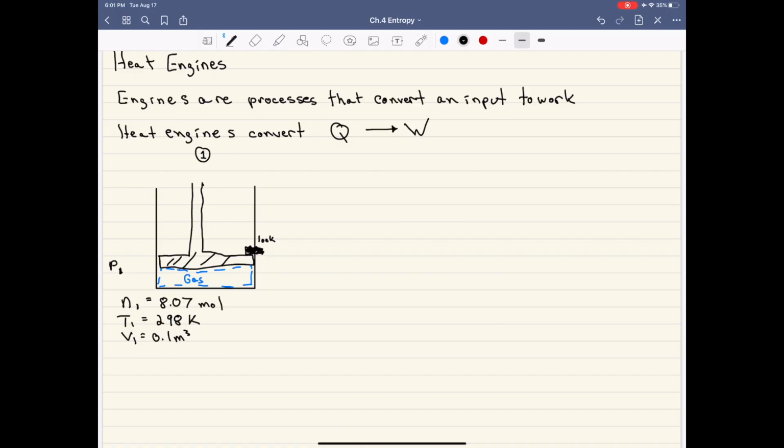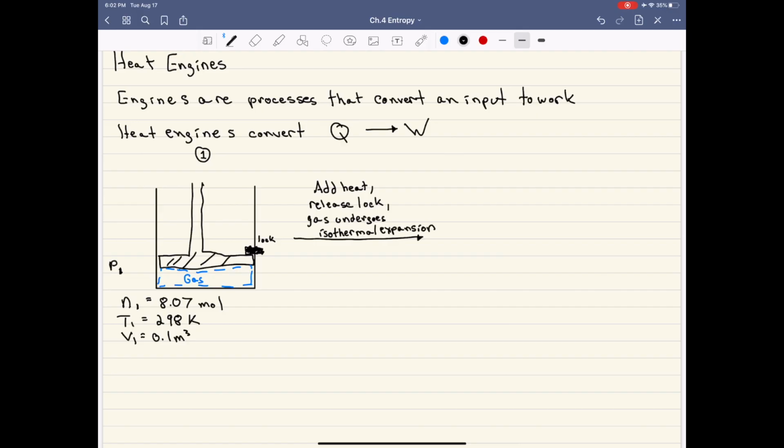Okay? And then what we're going to do is we're going to do two things. We're going to expand the system isothermally, and in order to achieve that, we're going to add heat to the system, and then we're going to release the lock. Release lock. And so by doing these two things, this allows the gas to undergo an isothermal expansion, so that the temperature stays the same, but the volume is going to change.